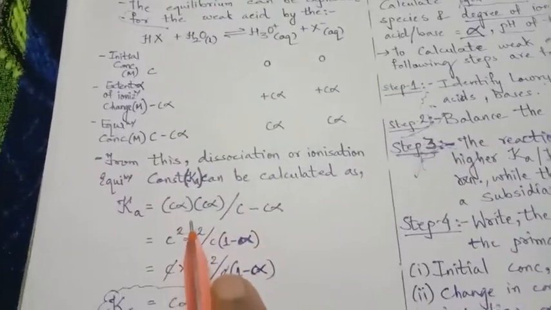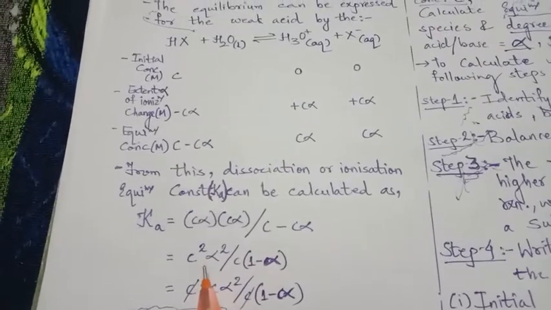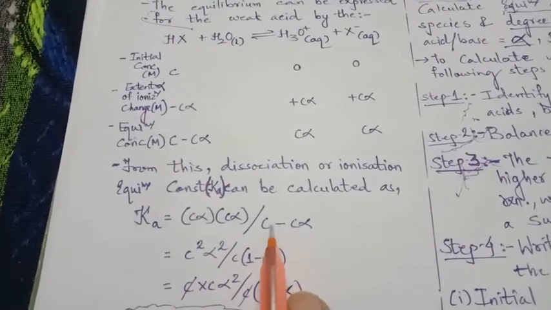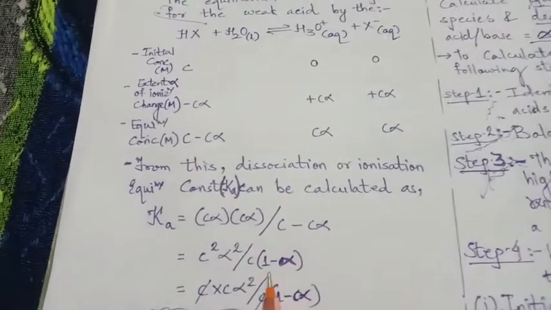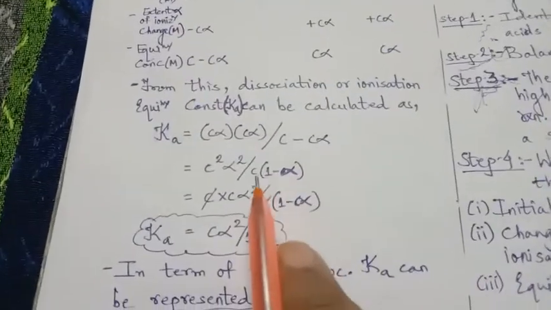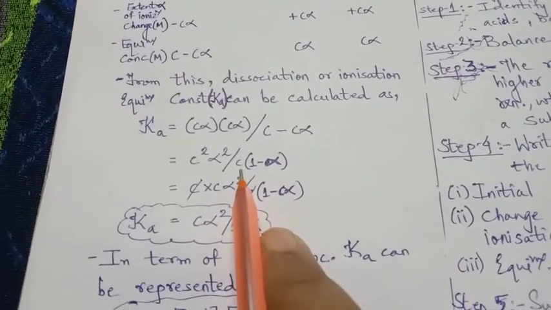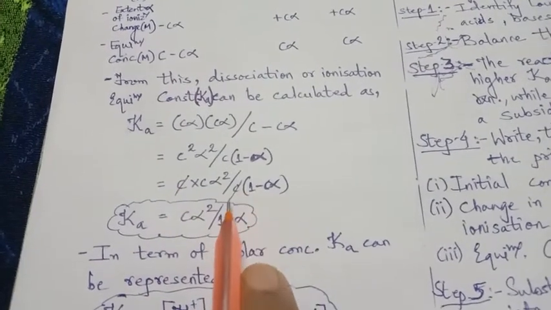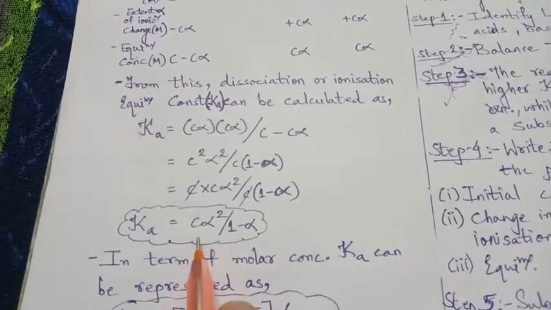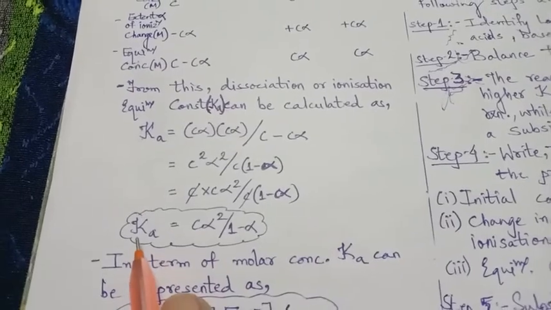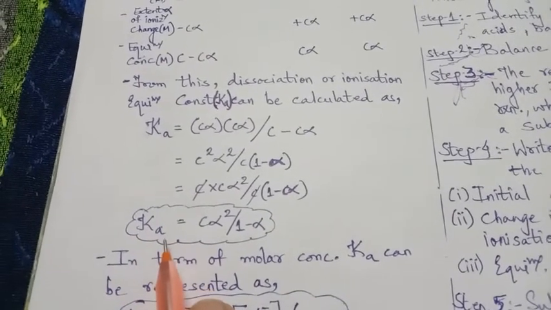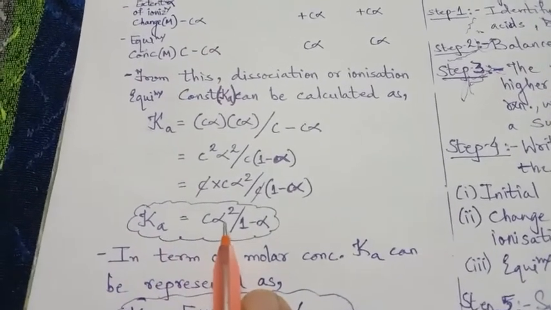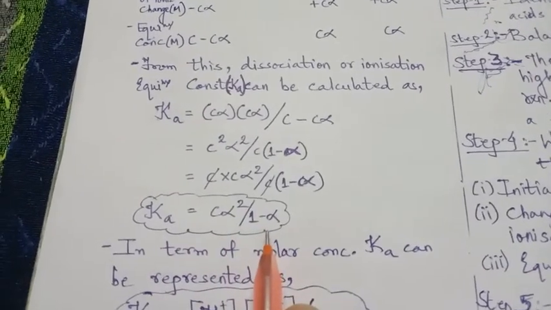Now C alpha into C alpha will be C square alpha square. Here if I take C common, then it will be 1 minus alpha. So if I cancel one of the C with this C, then I have Ka, that is the dissociation or ionization constant for acid, equals C alpha square upon 1 minus alpha.